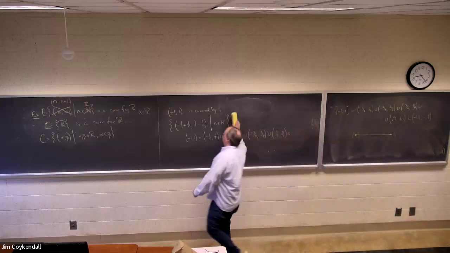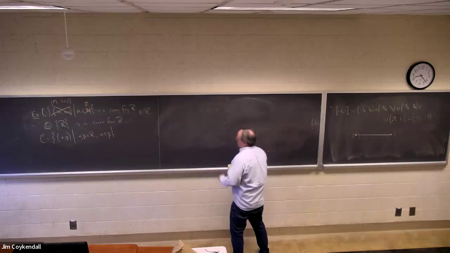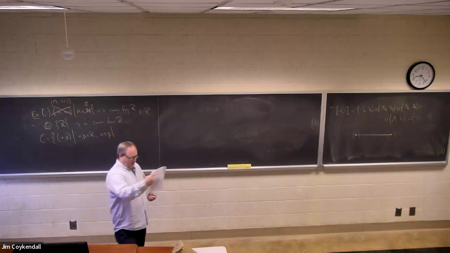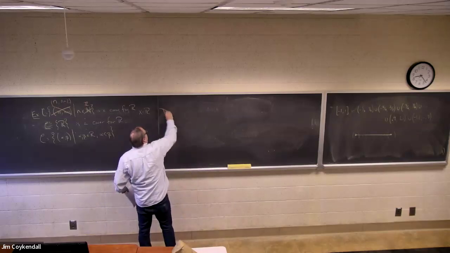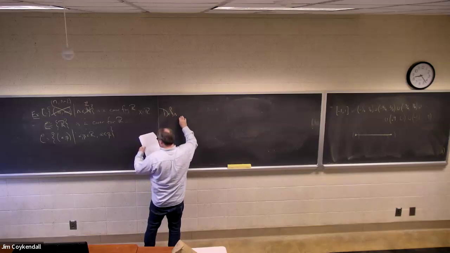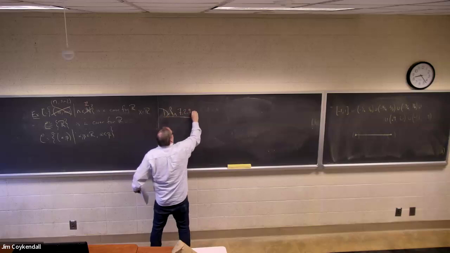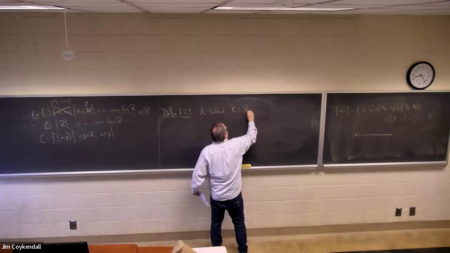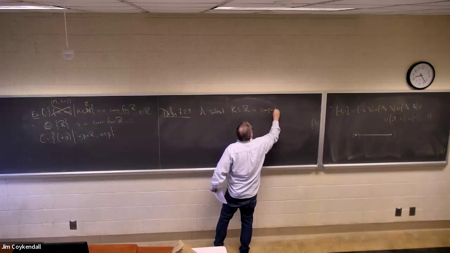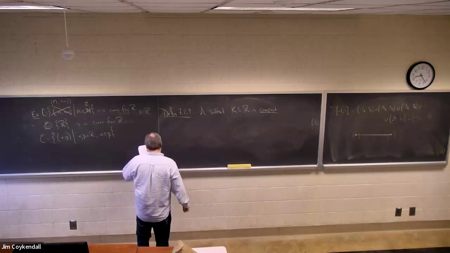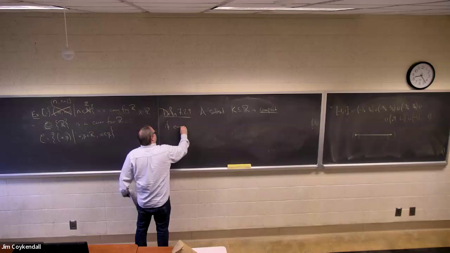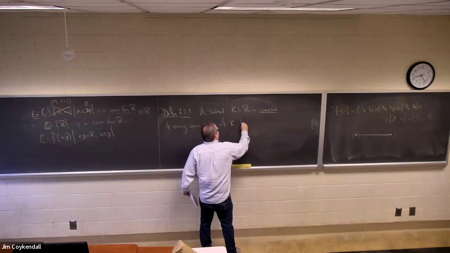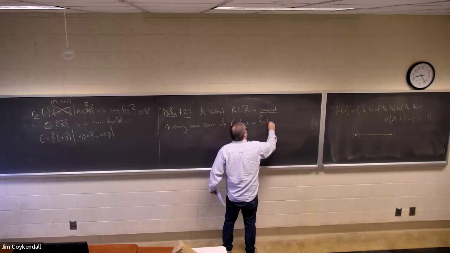This is what it is. Definition. A set C in R is compact if every open cover of K has a finite subcover.